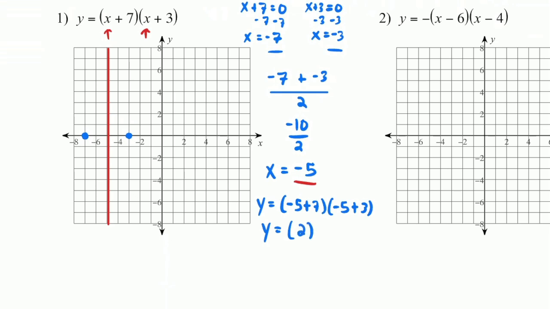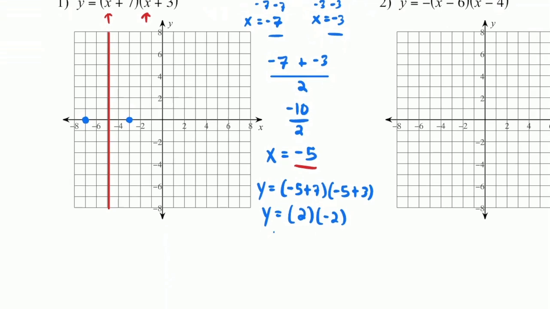And then negative 5 plus 3 gives me a negative 2. And then 2 times negative 2 will give me a negative 4. So I know my vertex is going to be at the point negative 5 comma negative 4. And then I can plot that down here. And now I have 3 points that I can use. So I'm just going to connect those 3 together and make my U shape here.